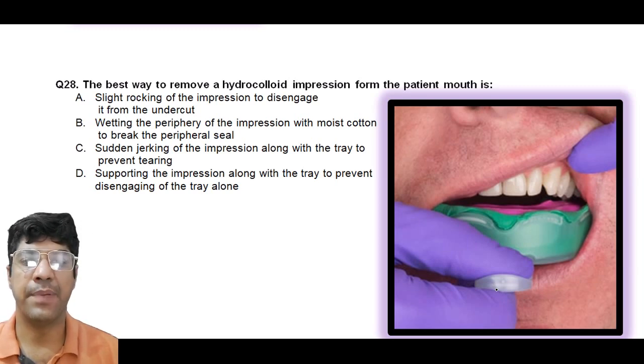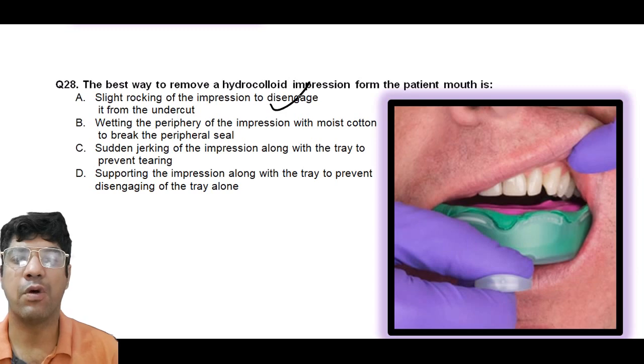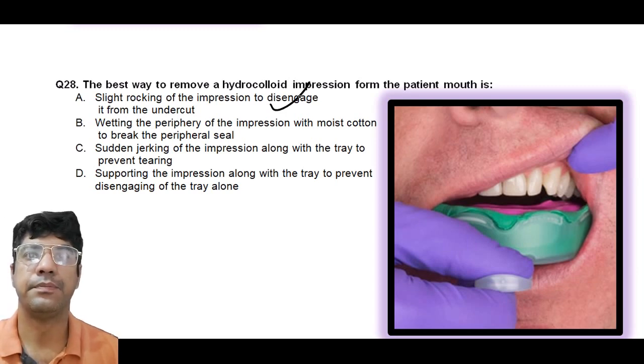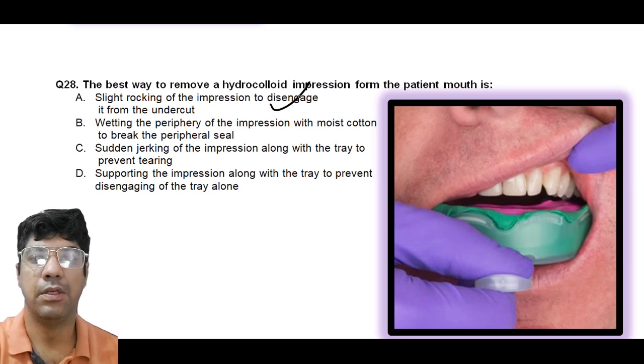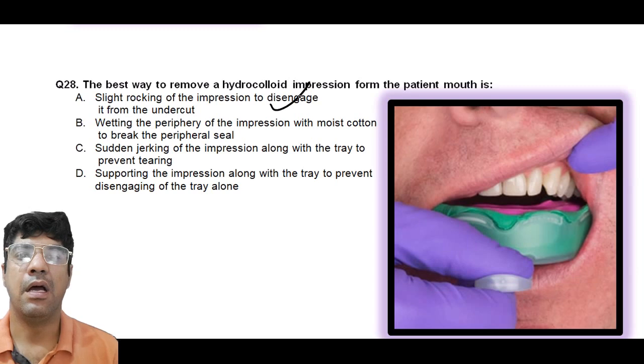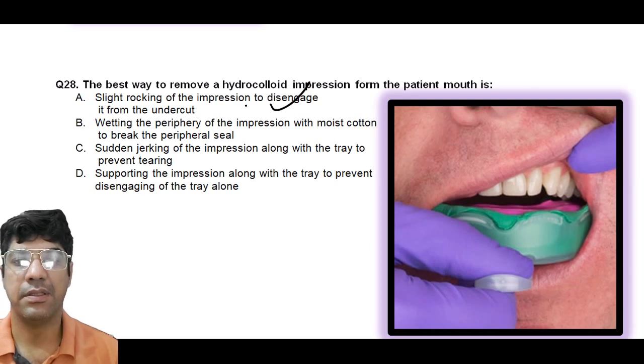That ensures the impression can be removed smoothly without causing distortion or tearing of the impression material. Gentle rocking minimizes the forces and the discomfort experienced by the patient during the removal process.